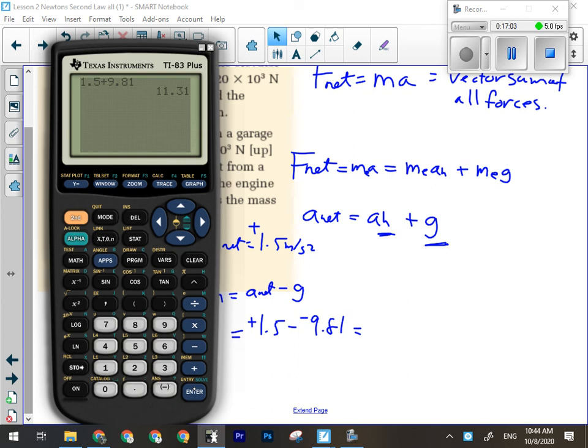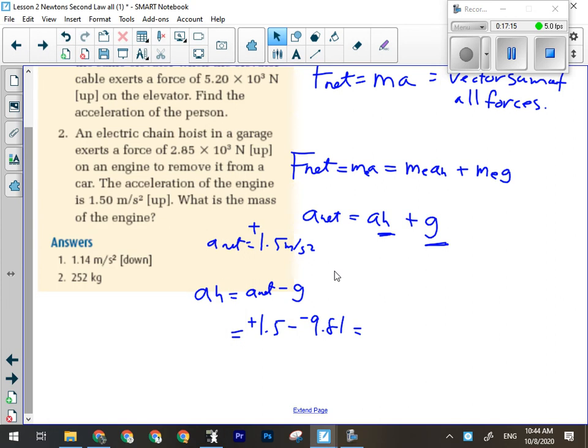Now, why is that going to be valuable for me? Because it tells me the force that the hoist is producing. Here, I know that the force the hoist produces is equal to the mass of the engine times the acceleration of the hoist. I now have the acceleration of the hoist, and I know the force the hoist can produce.